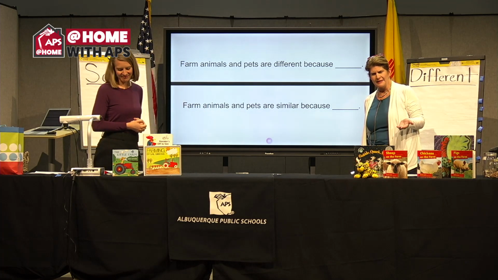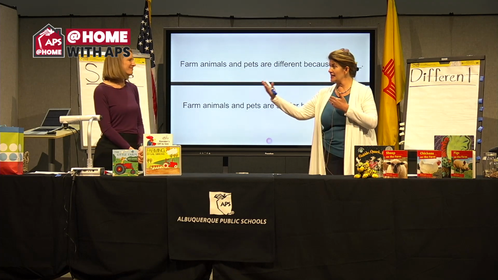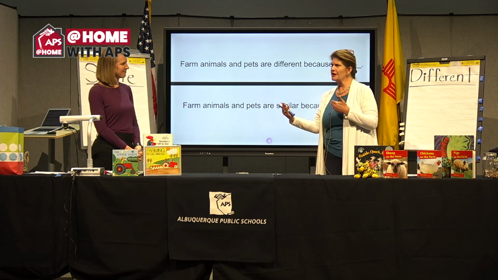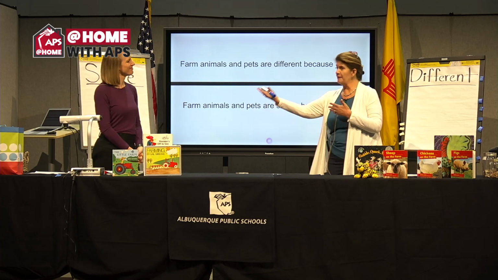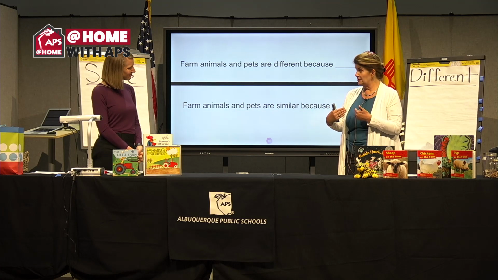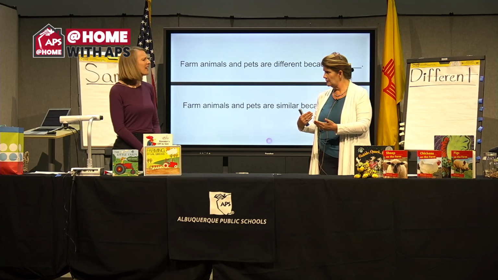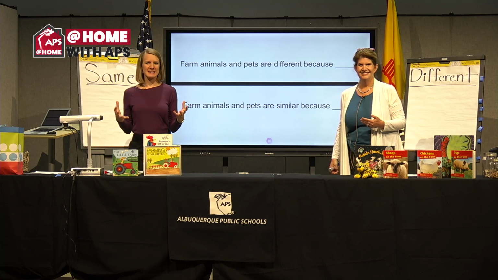Now, Miss Maggie, we've been talking a lot about having conversations and taking turns. So make sure that I'm understanding this correctly. You'll say something and then I'll respond with something else and we'll go back and forth. Is that right? That's exactly right, because that's how we have conversations as human beings together.